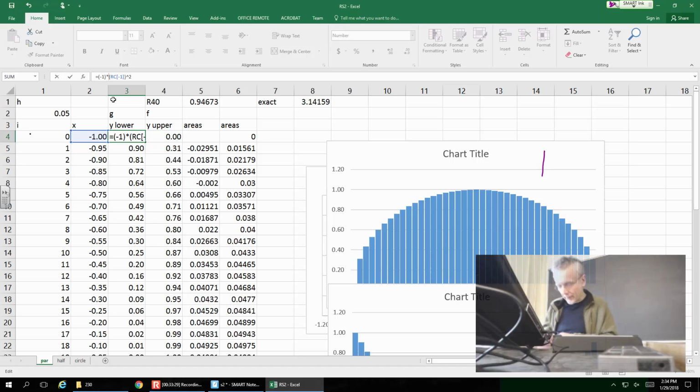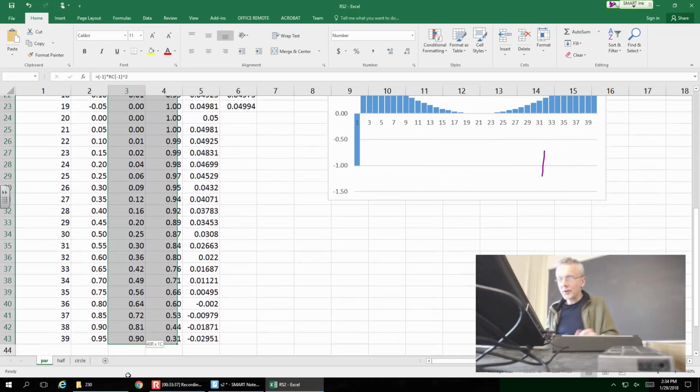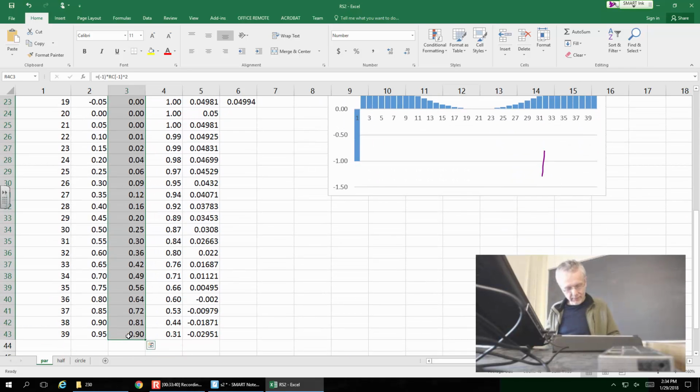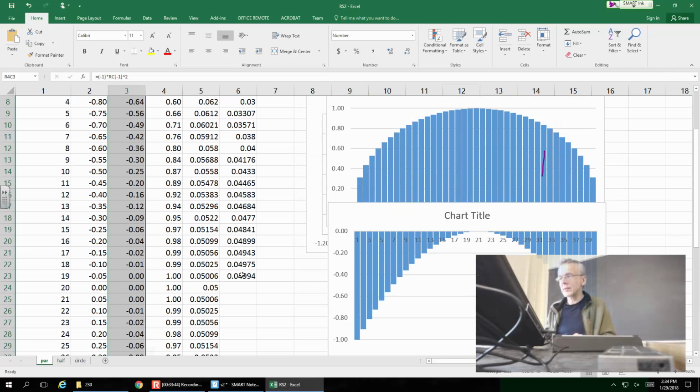That should work. In fact, I don't need parentheses here, probably. Well, I hope I don't. Yes. So I just have to be aware of these things. Now it makes more sense, right? It is the area below the x-axis and above this upside down parabola.